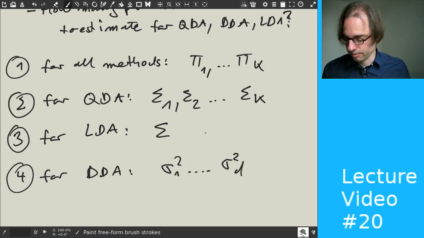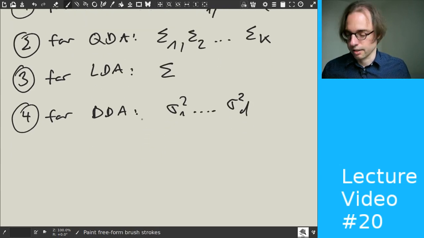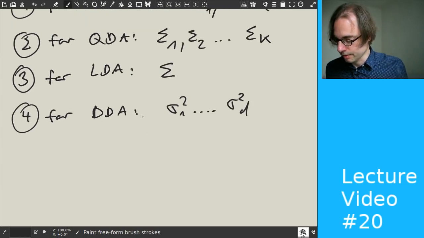So in short, the number of parameters are as follows.